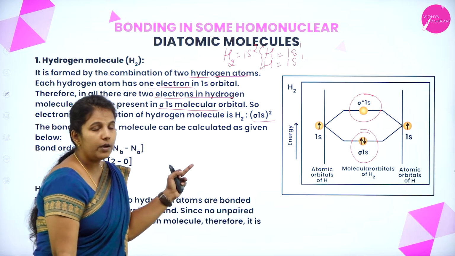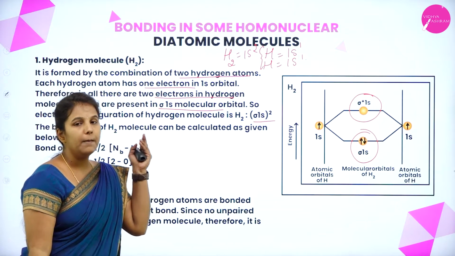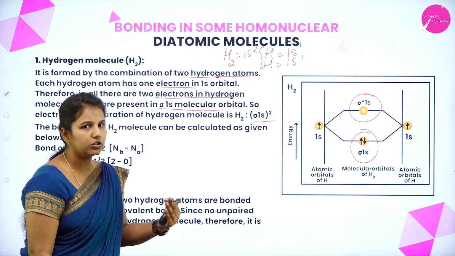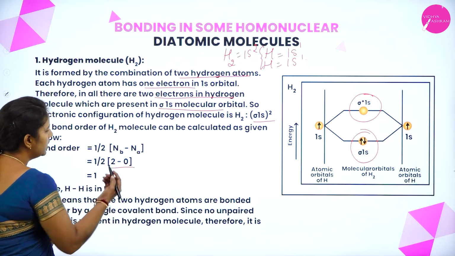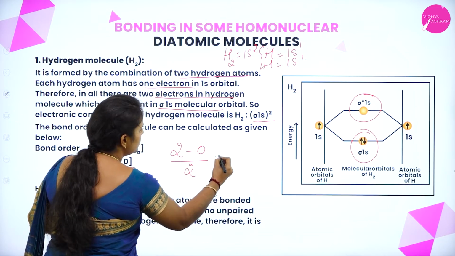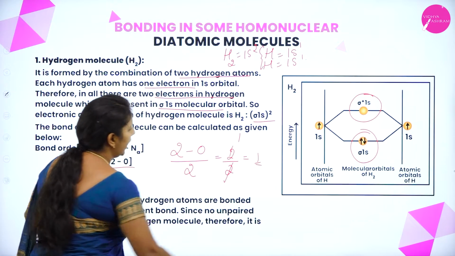So there are two electrons in the bonding molecular orbital, whereas in antibonding there are none, so it is 0. So it is 2 minus 0 divided by 2, which is 2 by 2. If you cancel, you will get 1.